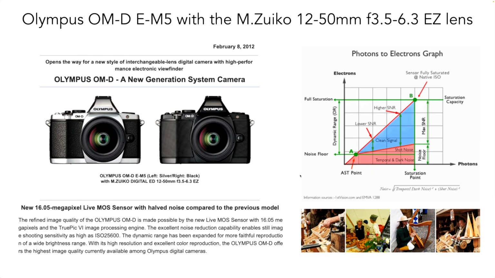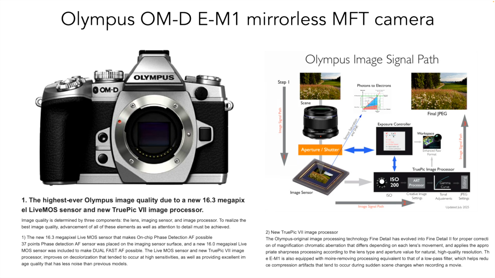Another interesting one is the EM1, and again we see the highest ever Olympus image quality. They're really focusing on the point that we have superb image quality from this camera, with again a new 16 megapixel sensor plus the TruePix 7 processor. Obviously the new sensor in combination with the TruePix processor made it possible for them to get this level of image quality.